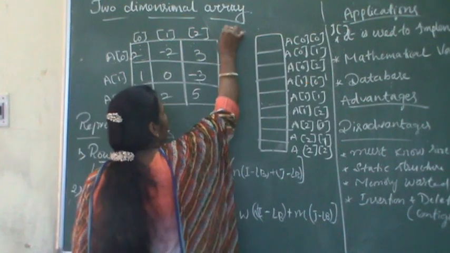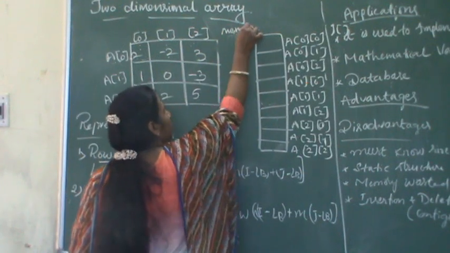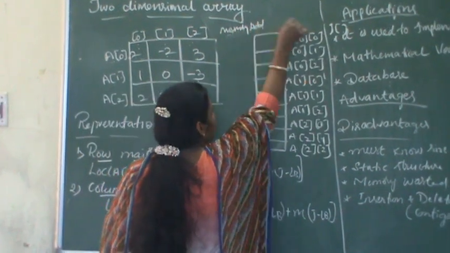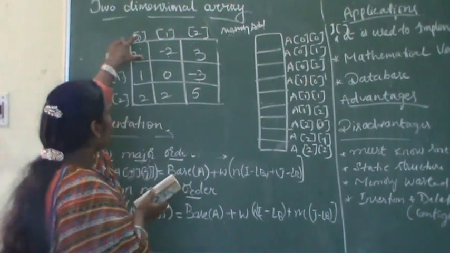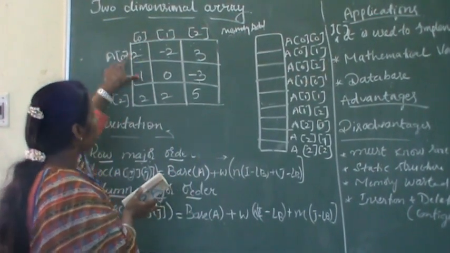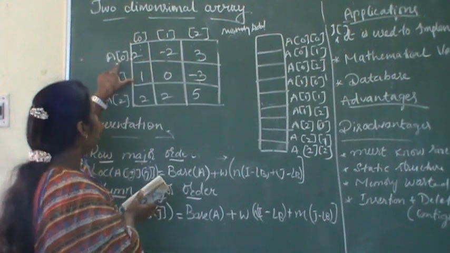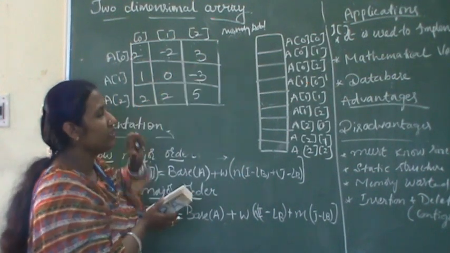Here this is the memory address. This is how the arrangement will be. Here A[0][0] means this element, A[0][1] means -2, and A[0][2] means it is the third element.